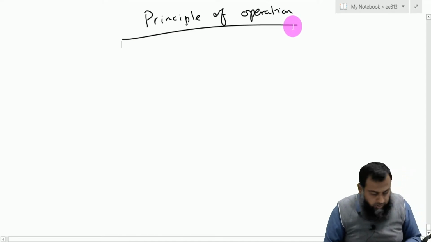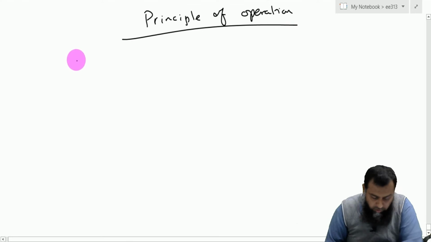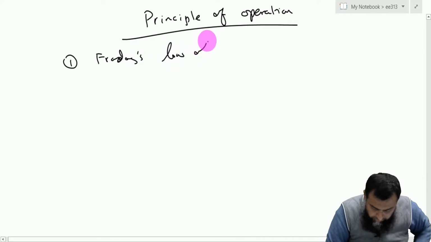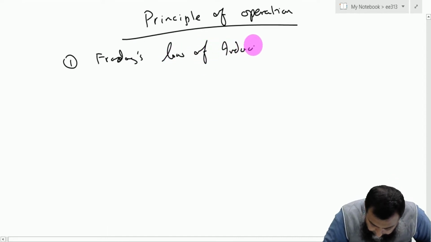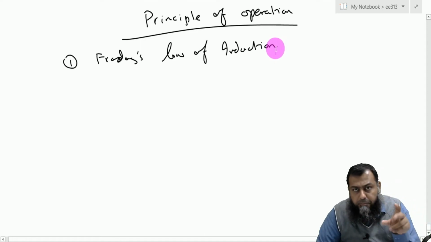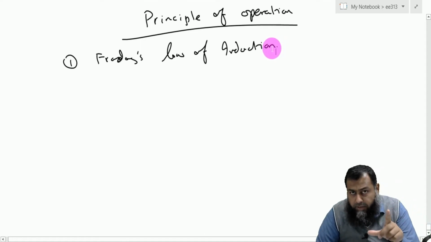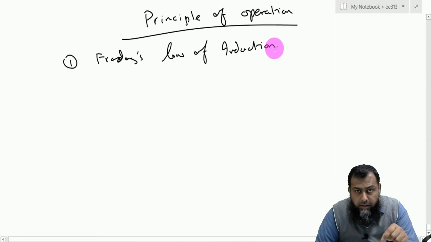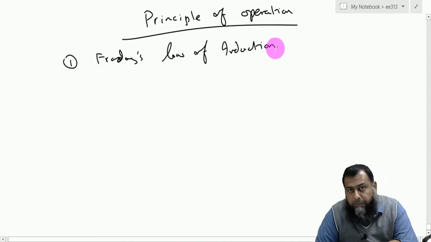The three-phase induction motor is based on Faraday's law of electromagnetic induction, which is the same as that of a transformer. So we can say that the induction motor is a special case of a transformer as far as the application of the principle of operation is concerned.